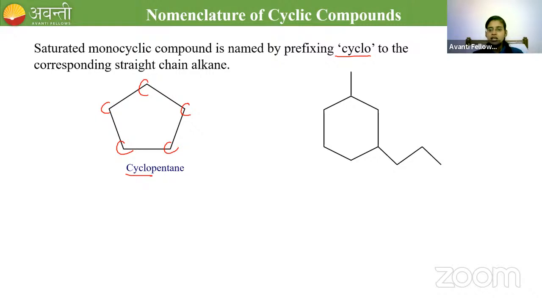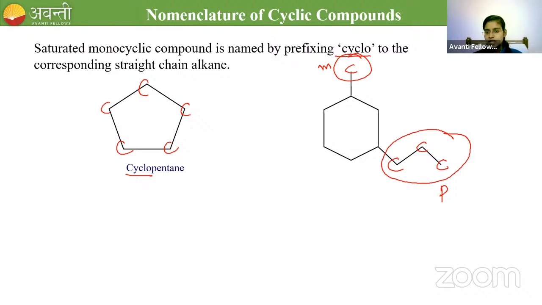If the cyclic compound has some substituents attached, what do you have to do? See here, I have 2 substituents attached. One is a 1-carbon substituent and the other is a 3-carbon substituent. This is methyl and this is propyl. Now what do I have to do? If more than 1 substituent is attached, we have to start numbering. How will you number, in the clockwise or anti-clockwise direction?